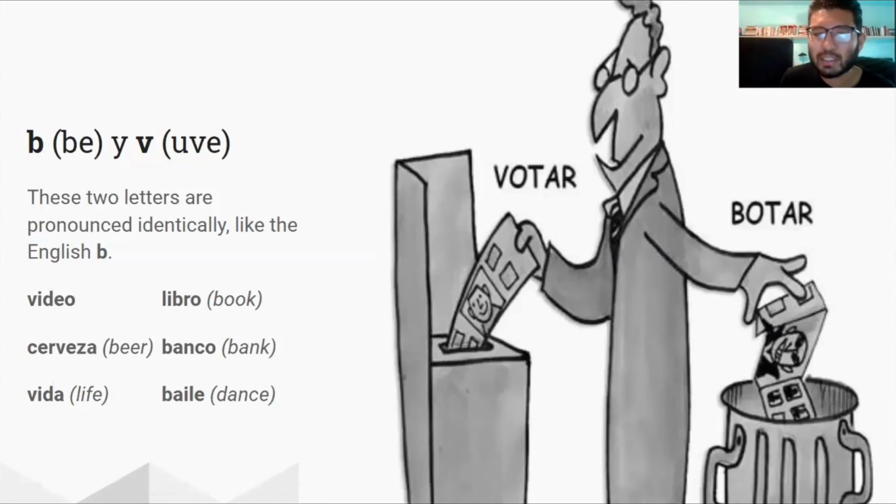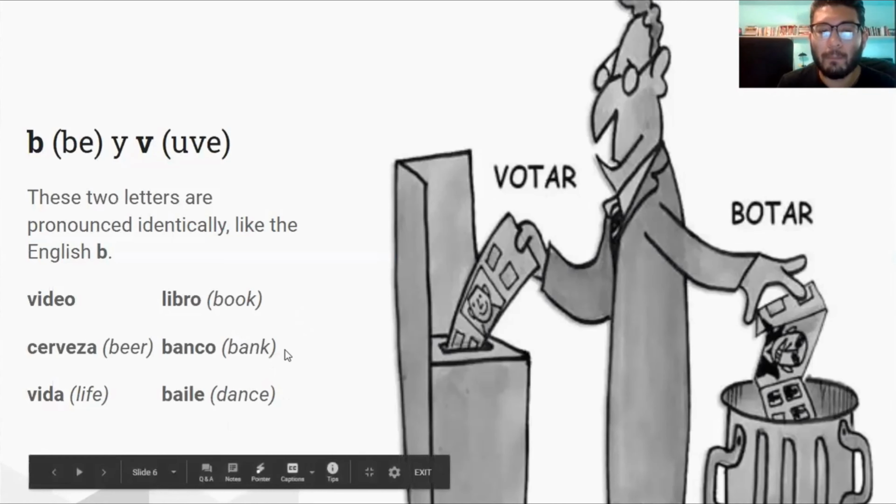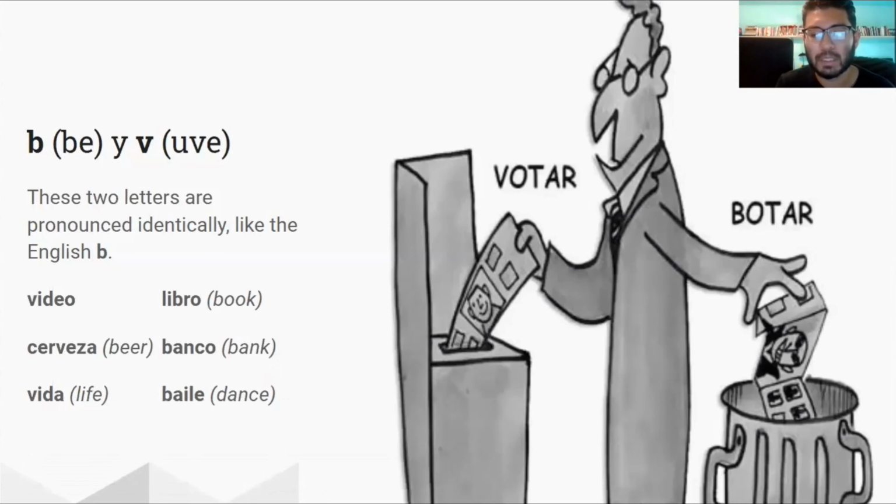So if you were to say something like video, cerveza, vida, there should be no confusion as to what you mean, no? But do know that the sound itself of V is simply not part of the Spanish language, no? We keep the same sound as with the letter B. Bien.